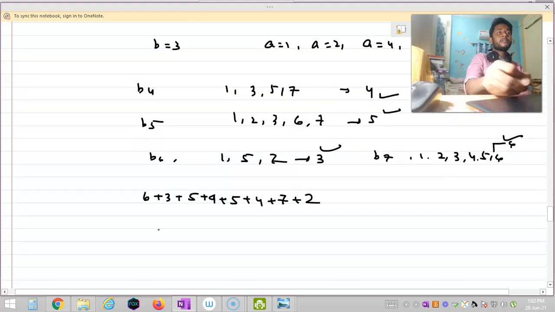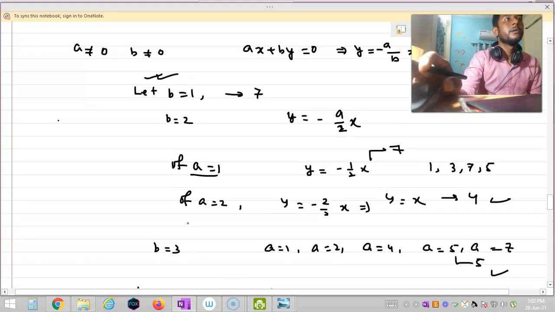So we have to find this sum. 6 plus 3 is 9, 9 plus 5 is 14, 14 plus 5 is 18, 18 plus 5 is 23, 23 plus 4 is 28, 28 plus 7 is 35, 35 plus 2 is 37. So there are 37 possible straight lines.